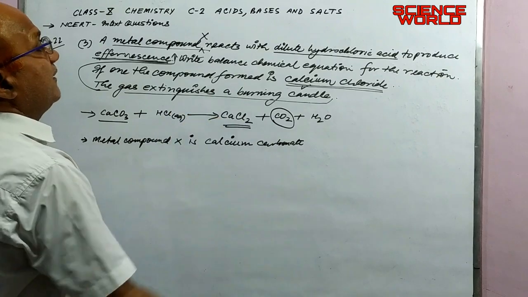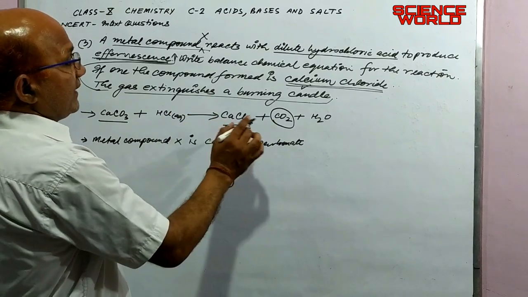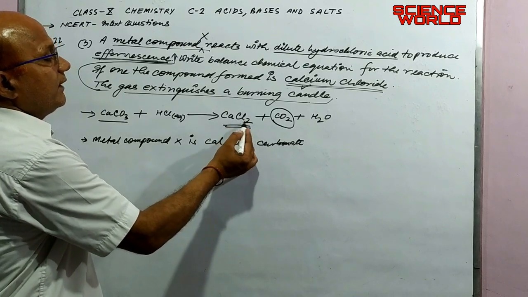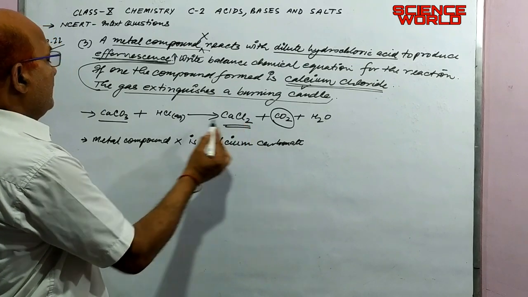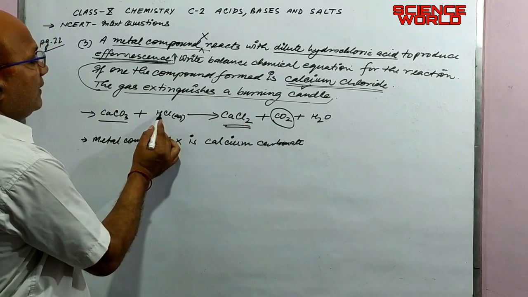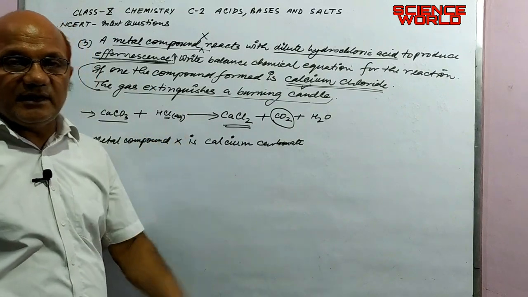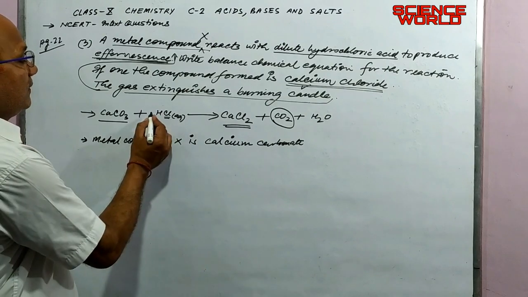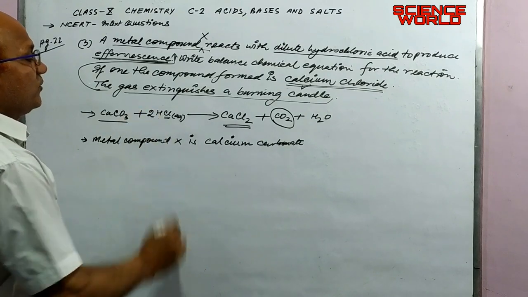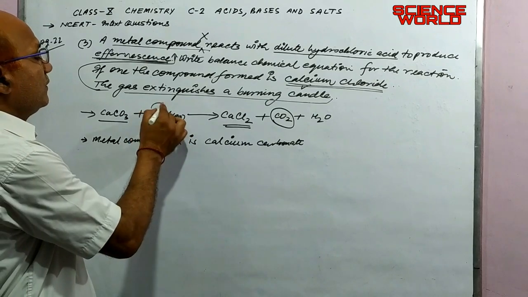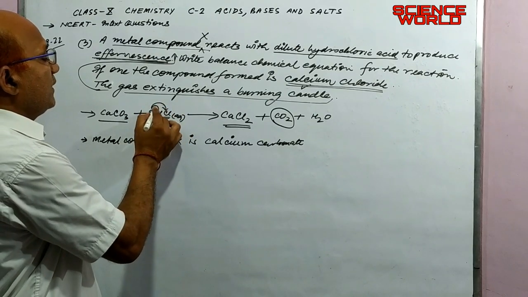You have to write a balanced chemical equation. So, you can check CaCl2. Here 2 chlorine atoms you can see, but here you can see 1 chlorine atom. So, you can very easily balance it, multiply it by 2. 2 HCl means 2 chlorine atoms and 2 hydrogen.